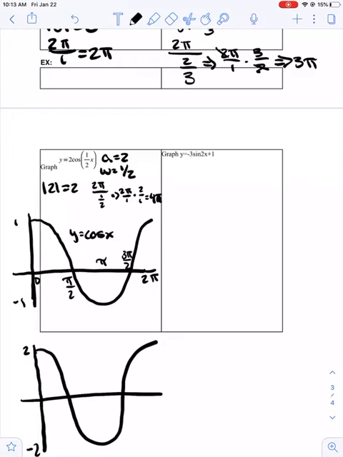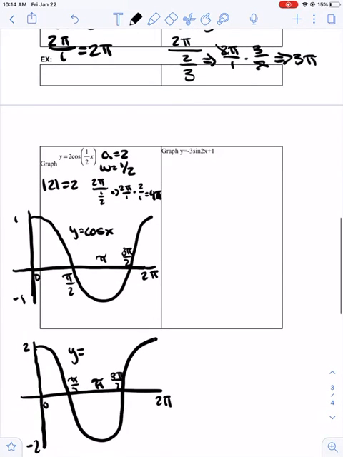Then we're just going to redraw the same graph, just now taller, and still label that 0, pi over 2, pi, 3 pi over 2, and 2 pi. Okay, and this was y equals 2 cosine x.